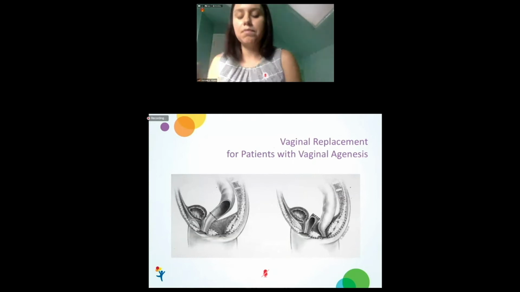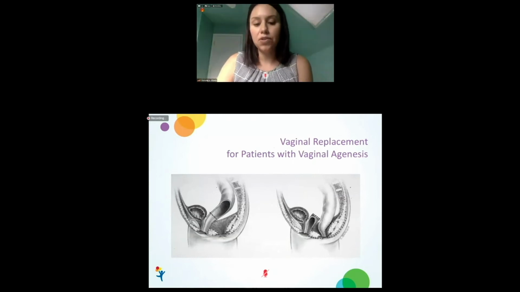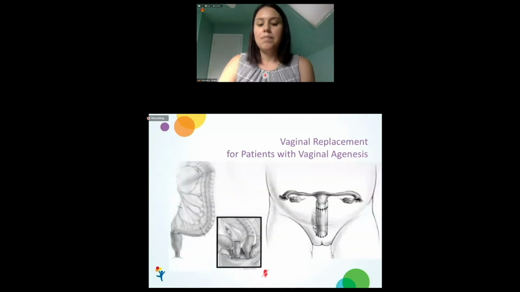There are several options for this. So if the sacral ratio indicates a poor prognosis for bowel control, then rectum may be considered for vaginal replacement. But if the patient is expected to have good bowel control, then usually descending colon is used as a graft for vaginal replacement.